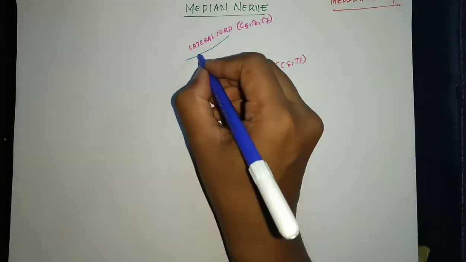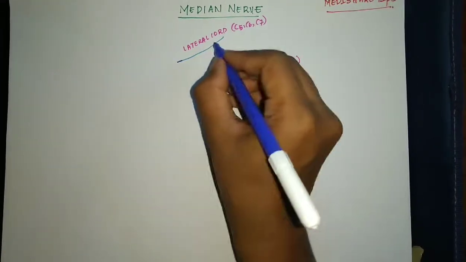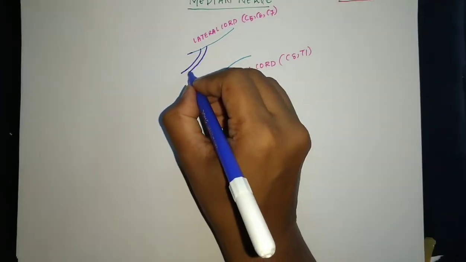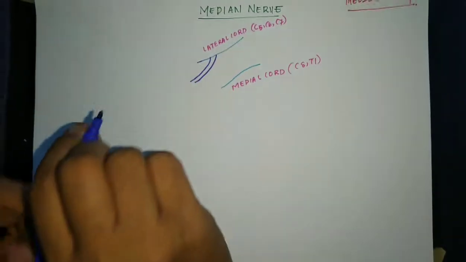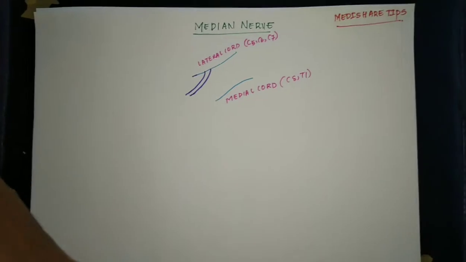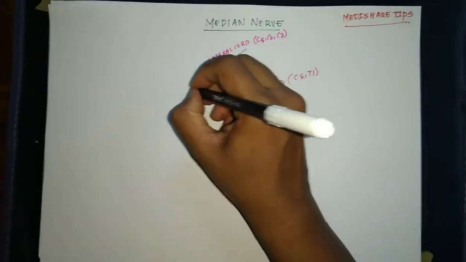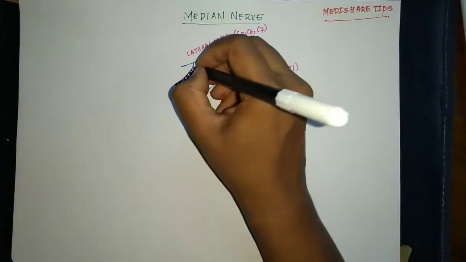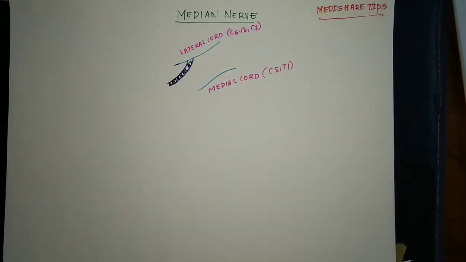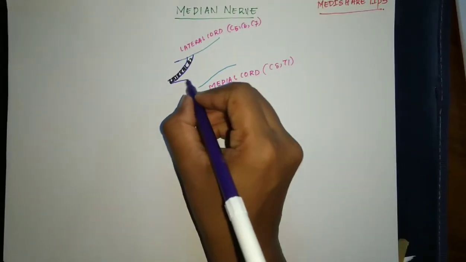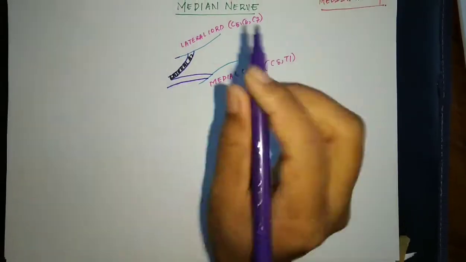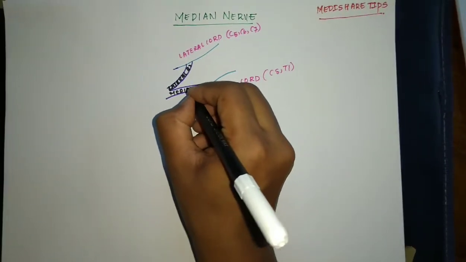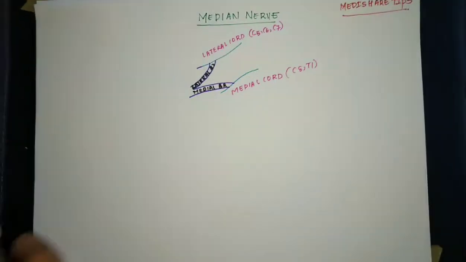Both of these give rise to branches. The lateral cord gives rise to a lateral process, called the lateral branch of the median nerve, and the medial cord gives rise to the medial branch of the median nerve.